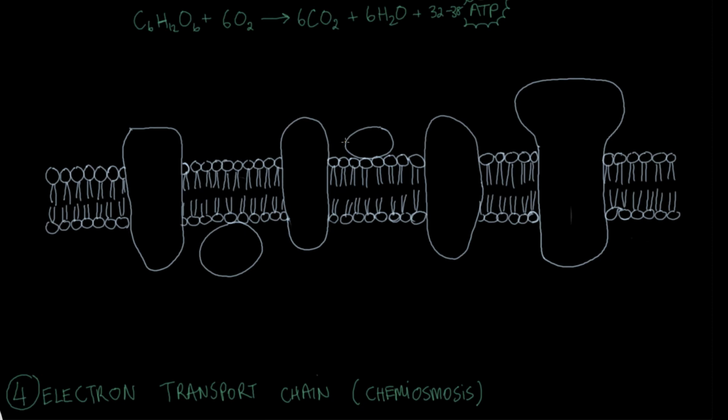So the final step is the electron transport chain, also referred to as the ETC. So where we are now in the whole process of cellular respiration is we have fully broken down, fully oxidized our glucose. So glucose is now gone, and our carbon dioxide has been released.